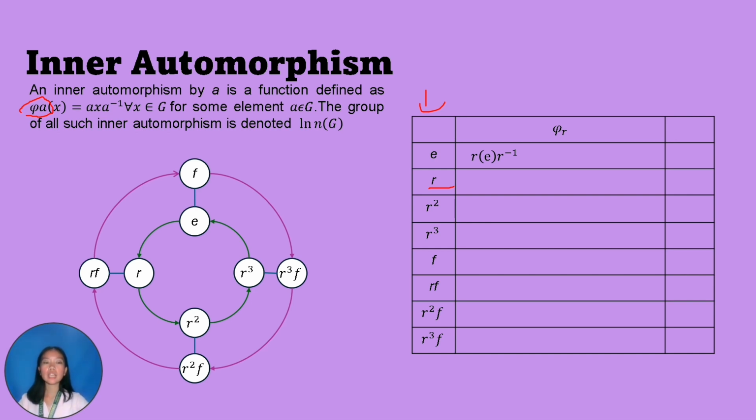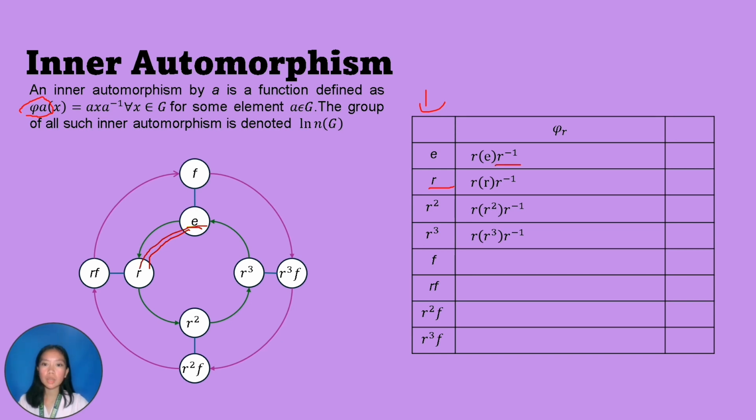So let's take a look at the rotations first. We have here E, then R, so ER, and then R inverse.